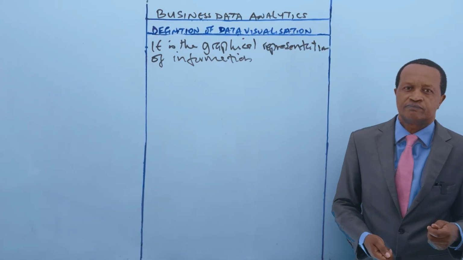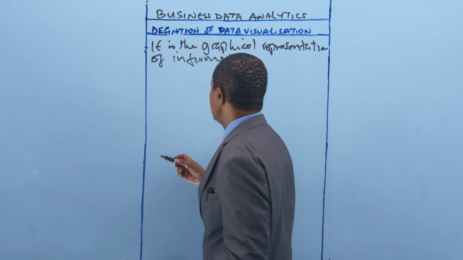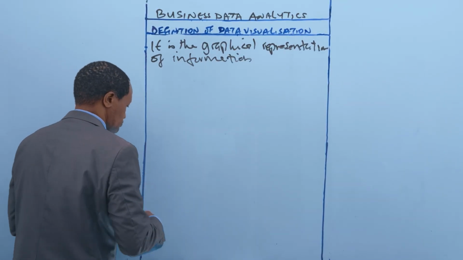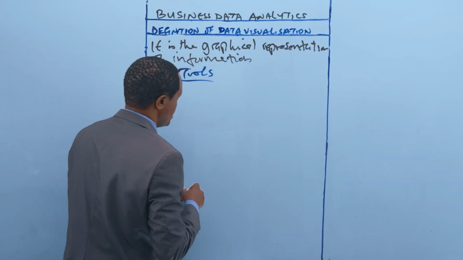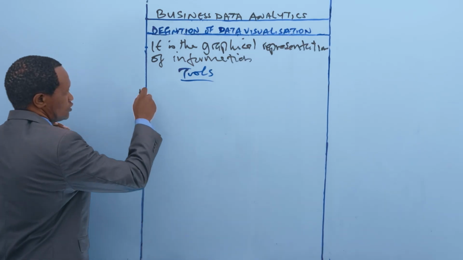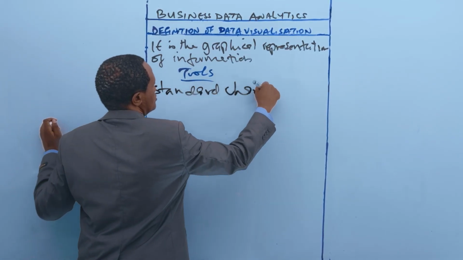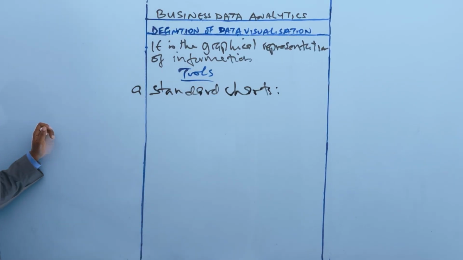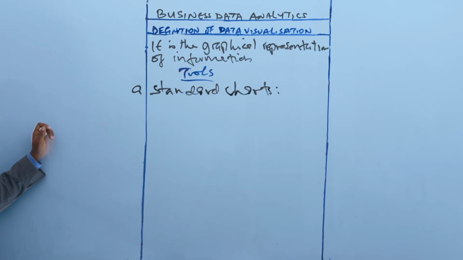These are the tools we may use in data visualization. One is the standard charts. And this could be the bar charts, the column charts, which is best for comparing categories like sales by region and so on.